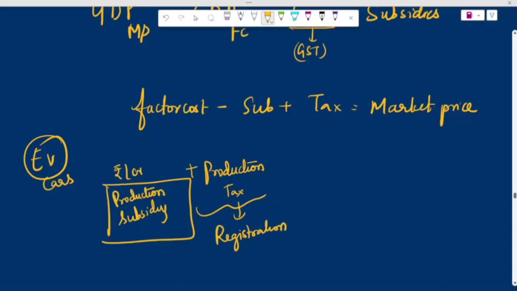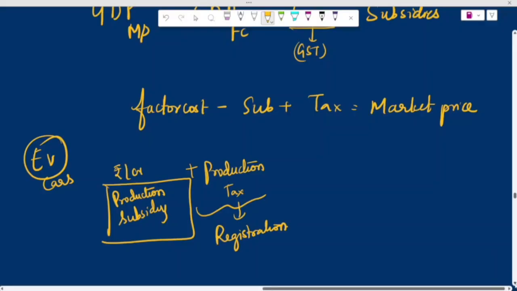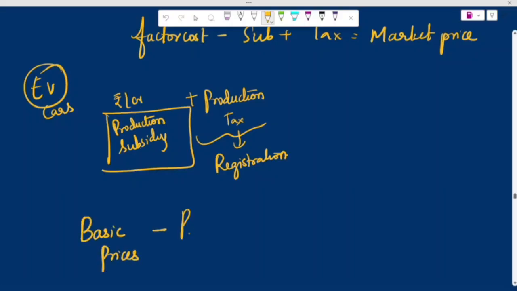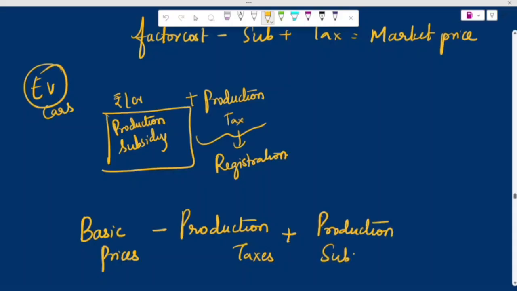Yes. So here, I have some basic prices to start a company minus production taxes because I have to pay that, plus production subsidies which is given by the government, will be equal to factor cost. Yes.